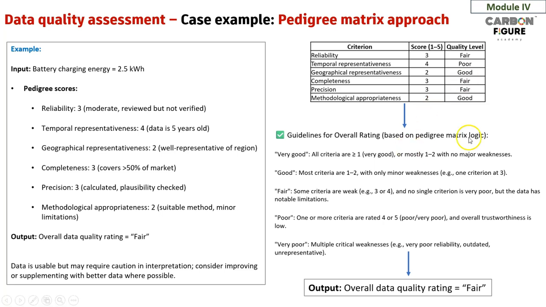Here on the right side there is a description or breakdown. For each of the criteria, what was the score? Reliability 3, temporal 4, geographical 2, completeness 3, precision 3, methodological appropriateness 2. For each number, the quality level has been mentioned. Then you should come up with your own establishment.